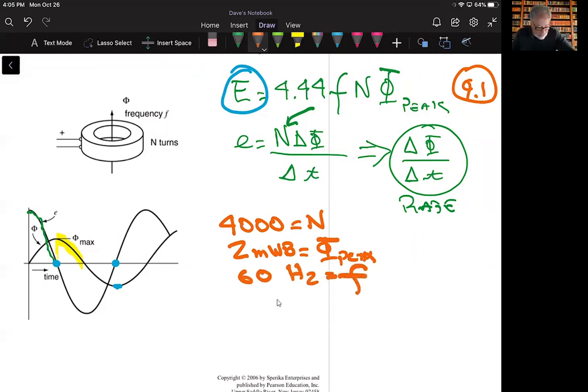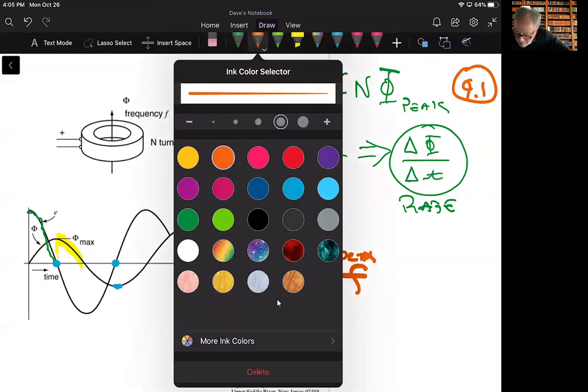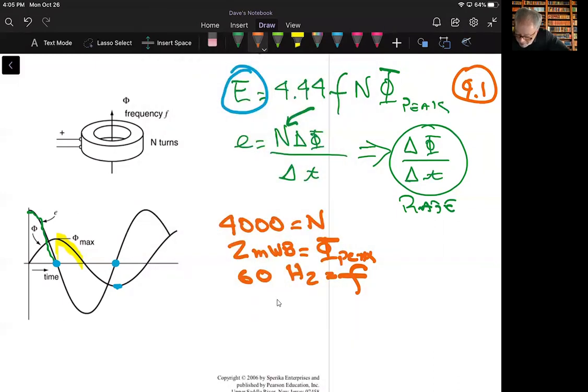He says, can you tell me what the effective value and the frequency of the induced voltage is going to be? Well, if the flux is at 60 hertz, the induced voltage will reflect that same frequency. We already know that, so we don't have to calculate it. The rest of this is simply plugging in.